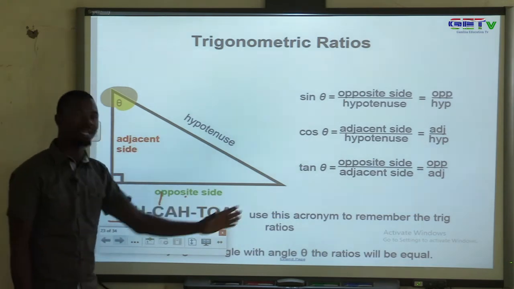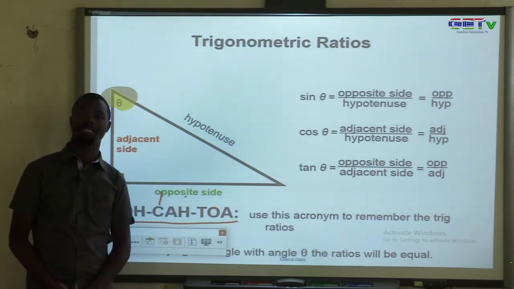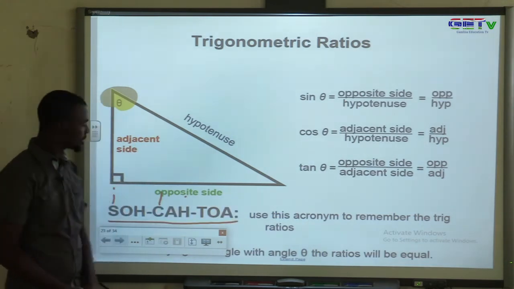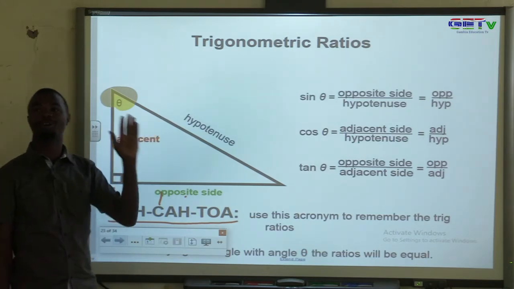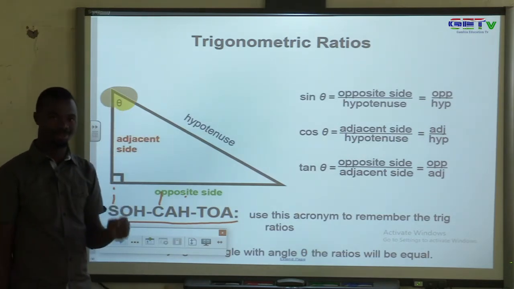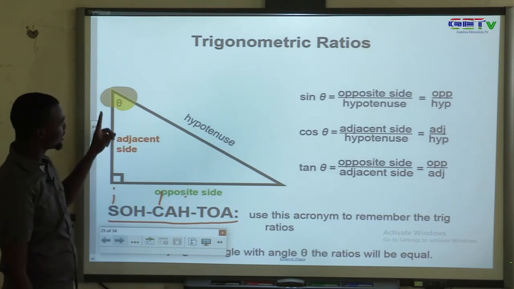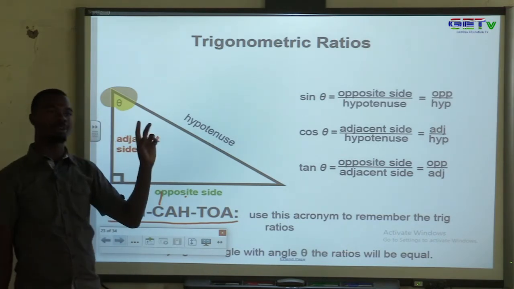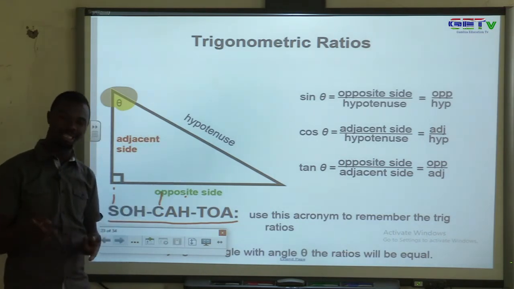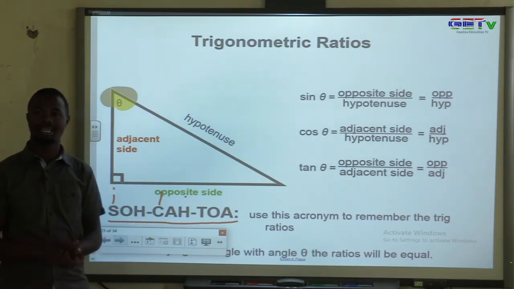First, the longest side of any right angle triangle is the hypotenuse. Then the other two sides depend on the angle of concentration: the side directly opposite theta is the opposite, and the other side is the adjacent.